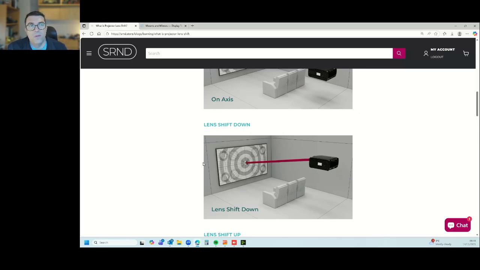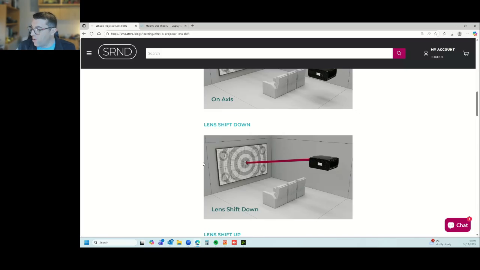Lens shift is different. Because this is a fundamental class, let's keep it simple. Lens shift doesn't introduce optical artifacts. It moves the plane of the lens so that the image itself moves up and down whilst retaining its correct geometry. So it doesn't introduce optical artifacts.